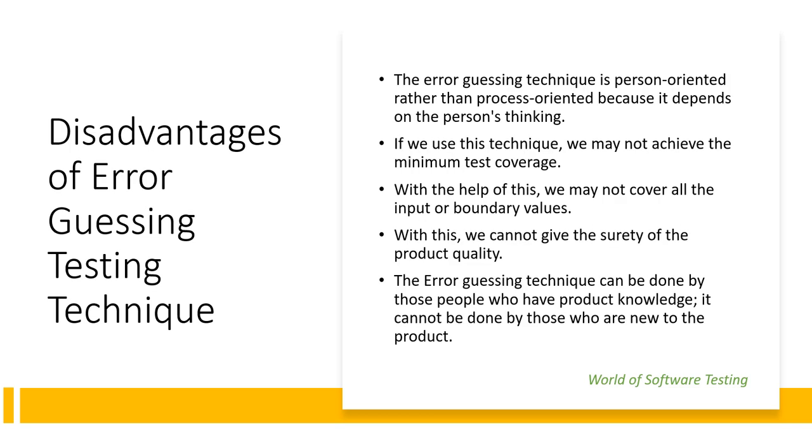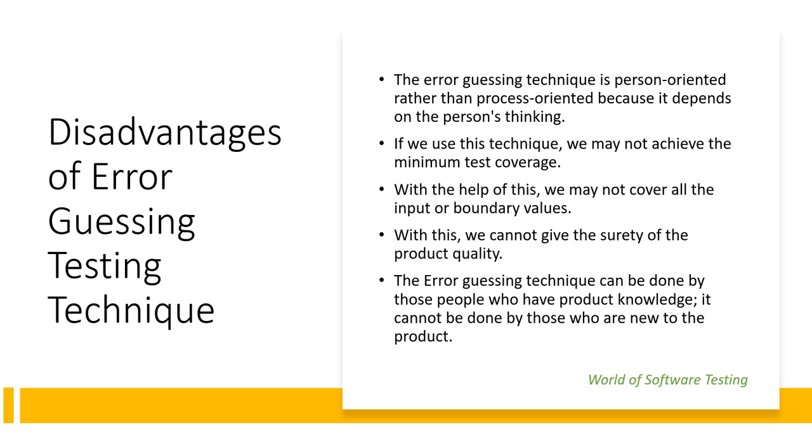Let's see some of the disadvantages of the error guessing testing technique. It is person oriented rather than process oriented, because it depends on the person's thinking and experience. If we use this technique alone, we may not achieve the minimum test coverage. This is a drawback of error guessing testing.